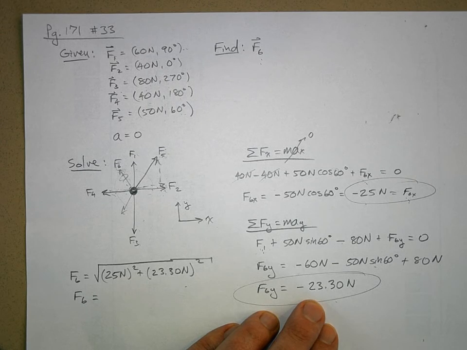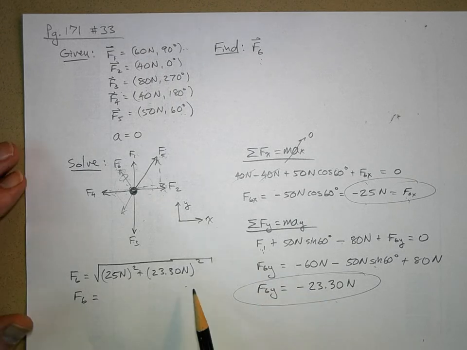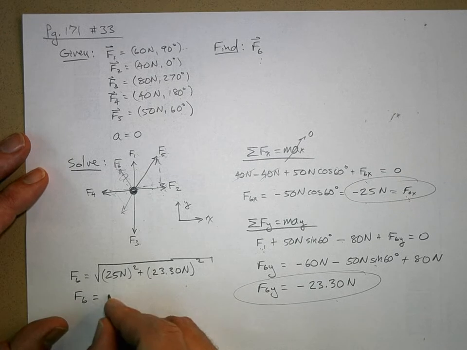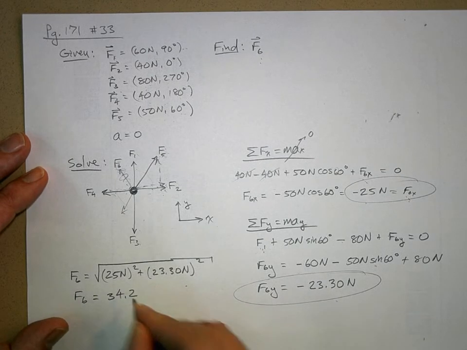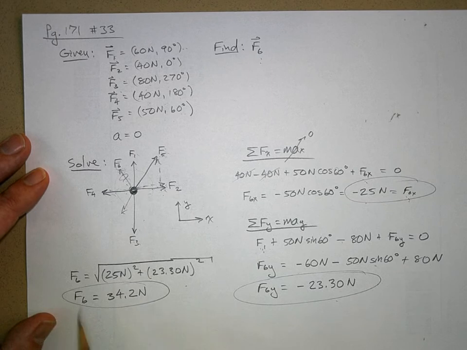Just typing this in the calculator, and when I do this, I get 34.2. That looks reasonable. Well, that's the magnitude. Now, what's the direction?